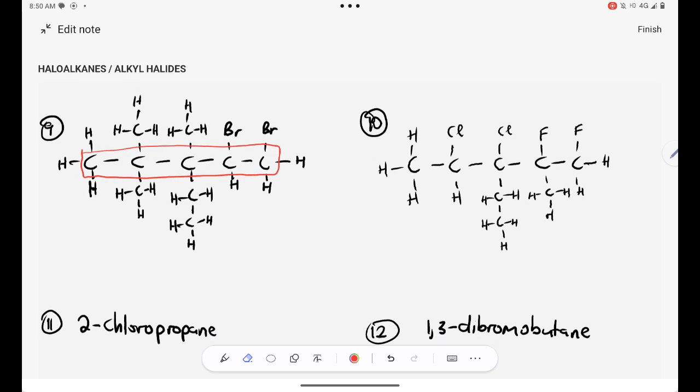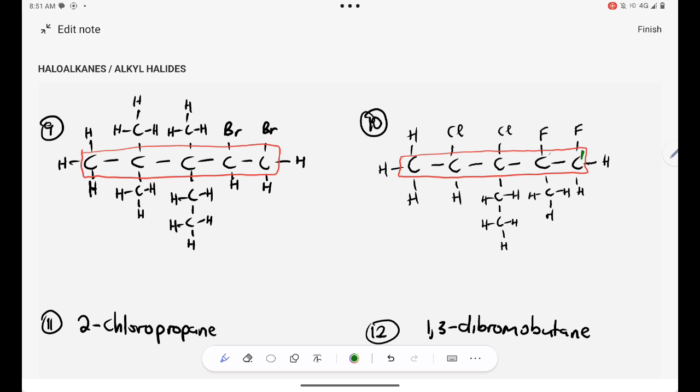That's number 9, but I will name compound number 10. This would be my parent chain over there. Are you together? I must start numbering from the terminal which is closer to the substituents. The substituents can either be halogens or the side chains.